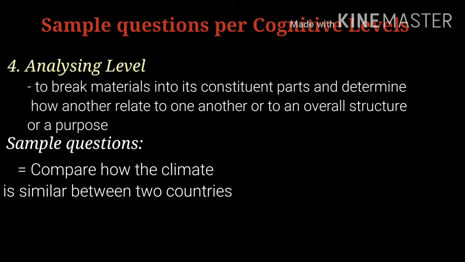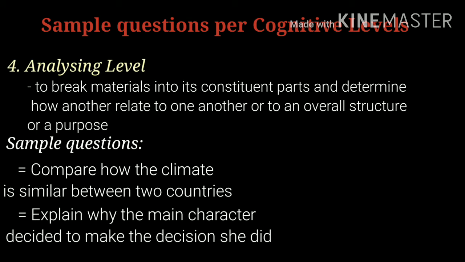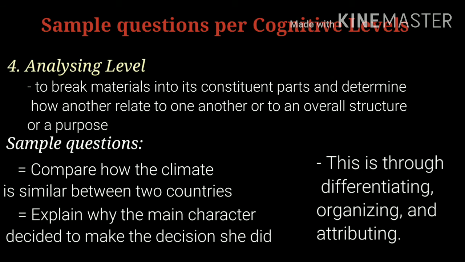Number two, explain why the main character decided to make the decision she did. This level belongs to the cognitive level because this is through differentiating, organizing, and attributing.